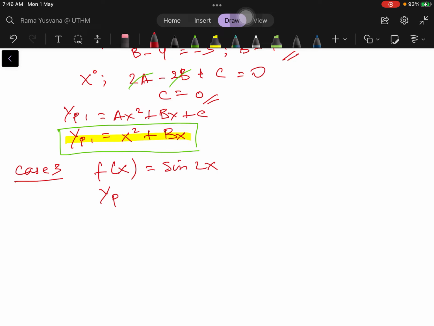Okay, and therefore we can expect our yp, particular integral number 2, to be in the form of x to the power of r times a constant k cos 2x, just make sure this is 2x, plus L, another constant, sin 2x.